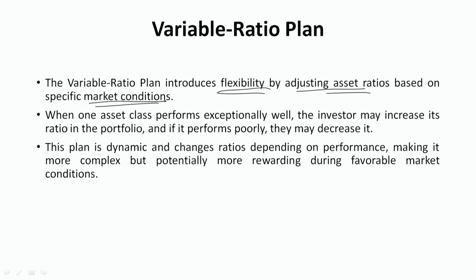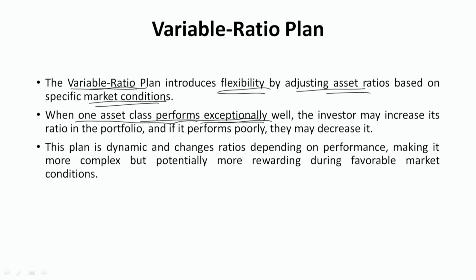So, today before investment, I take a decision that 20% has to be invested in gold and 20% in infrastructure; tomorrow, based on the market condition, I can decide to decrease 10% from infrastructure and increase it in gold. That way I am free to do it. Such a type of plan is called a variable ratio plan. This is normally useful when one type of asset is performing very nicely.